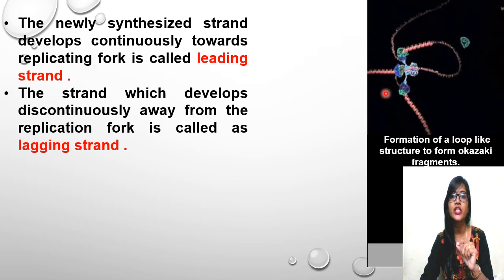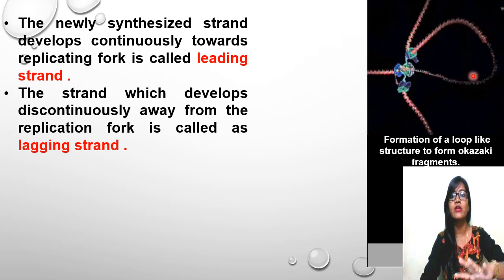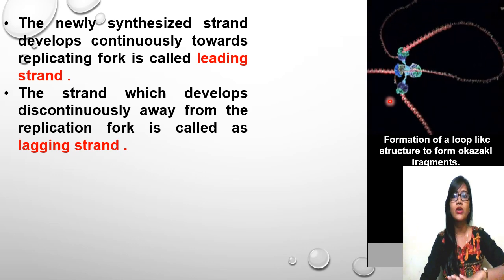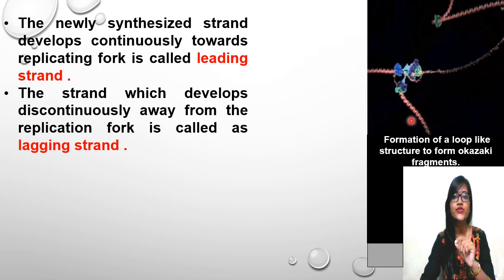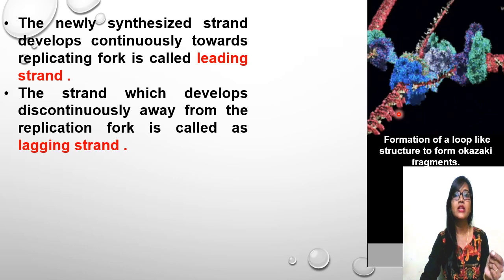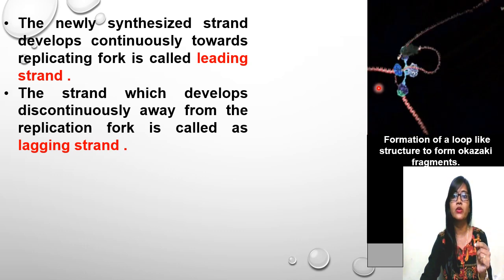This is DNA polymerase, which is working in a continuous manner, adding the nucleotides, and the twisted strand is getting formed. Out of these two twisted strands, one is newly formed and another is the old strand. Now see, this is the old strand.